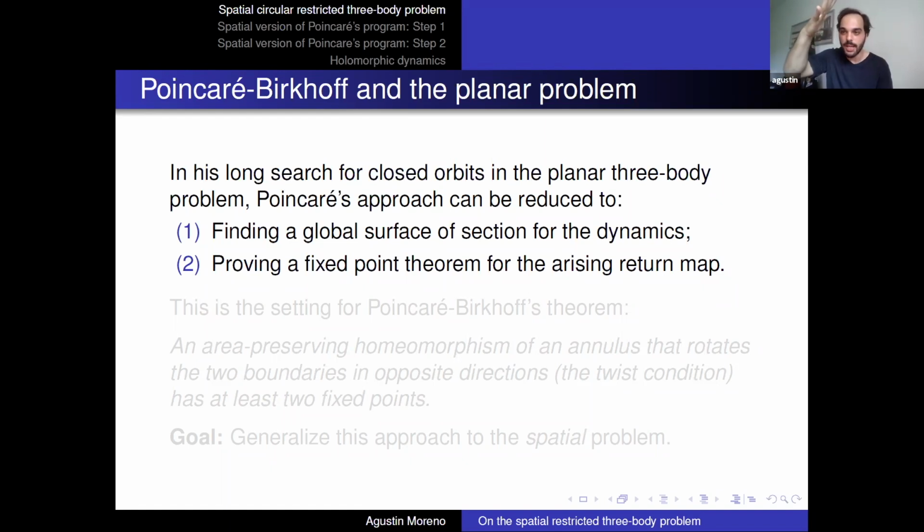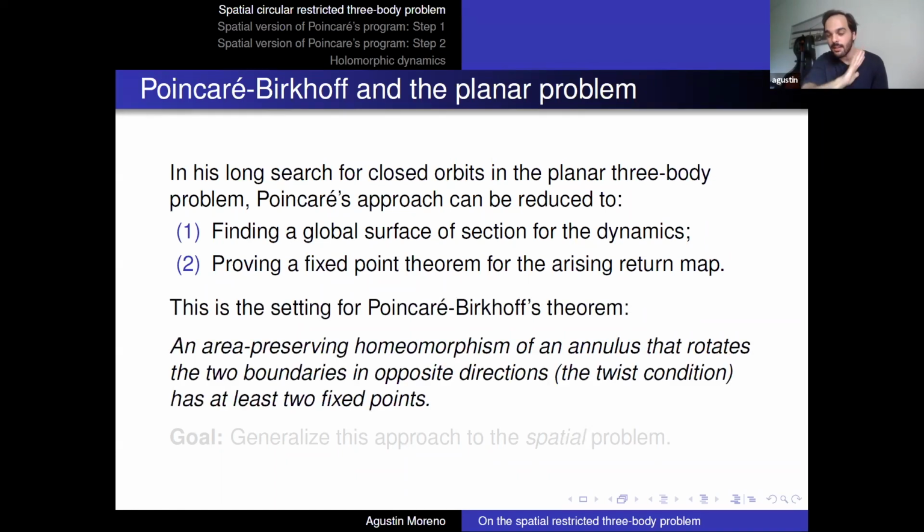We took our large hand and we reduced the problem to studying a discrete dynamics on a manifold of one dimension less, on a surface. So now we're doing dynamics on surfaces. And when you consider the return map, by construction, periodic points of the ambient dynamics are just periodic points of the return map. So this motivates the second step. The second step is, well, if you're able to prove a fixed point theorem for the return map, then you're in business because you found orbits.